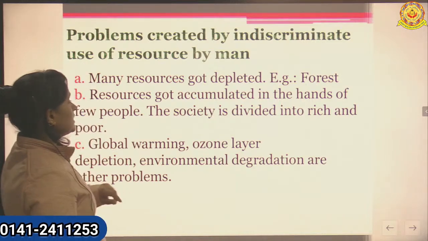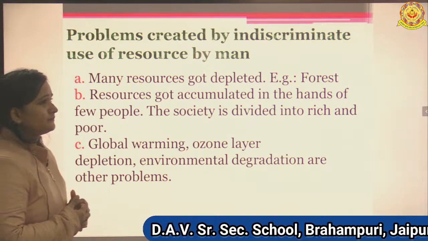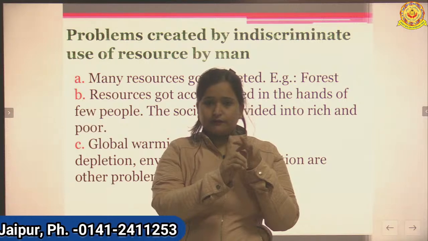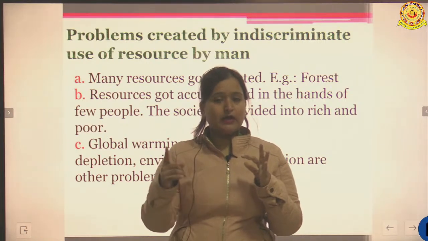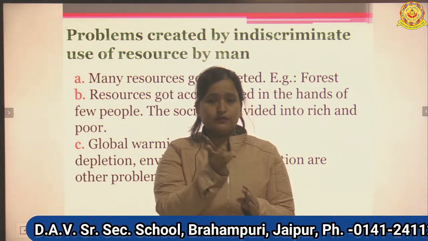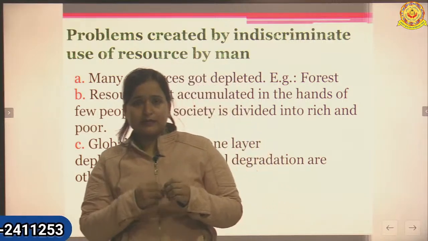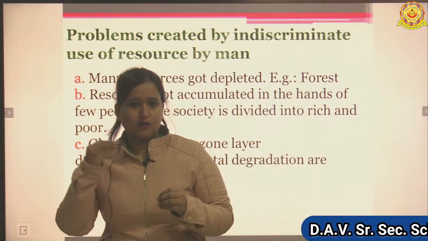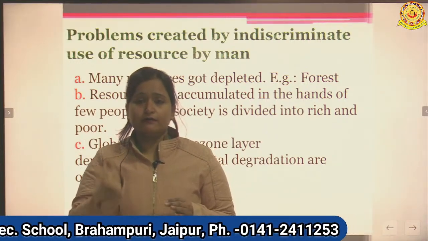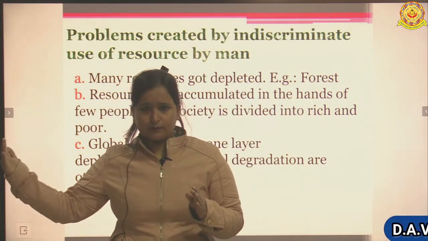Now the next point is resources accumulated in the hands of a few people. What is the meaning of this point? It means that we have the resources, but they are not in the hands of those who use them in a proper amount. For example, sometimes a society or community is the owner of a resource, but they are not aware that this resource is non-renewable and will be extinct after a particular time.